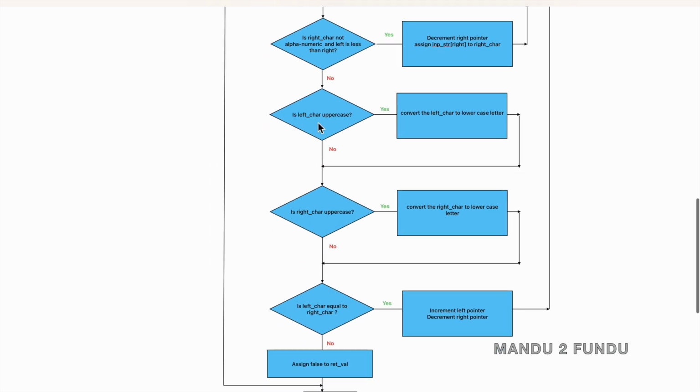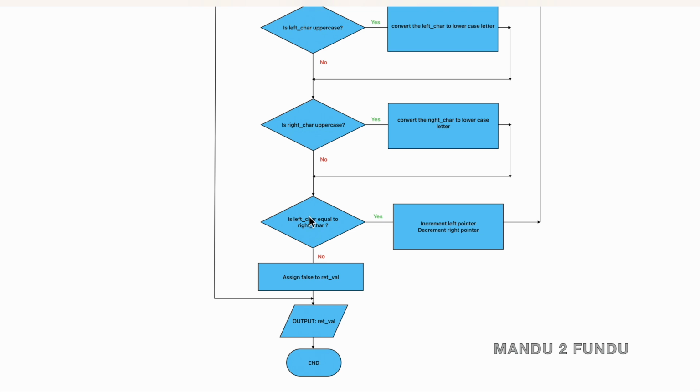Then we check whether the left character is uppercase. If so, convert that into lowercase. Otherwise, proceed. If the right character is uppercase, then convert that to lowercase and proceed. And then finally we check whether those two characters are the same. If both are the same, then we increment the left pointer and decrement the right pointer, so we compare the remaining elements in that string.